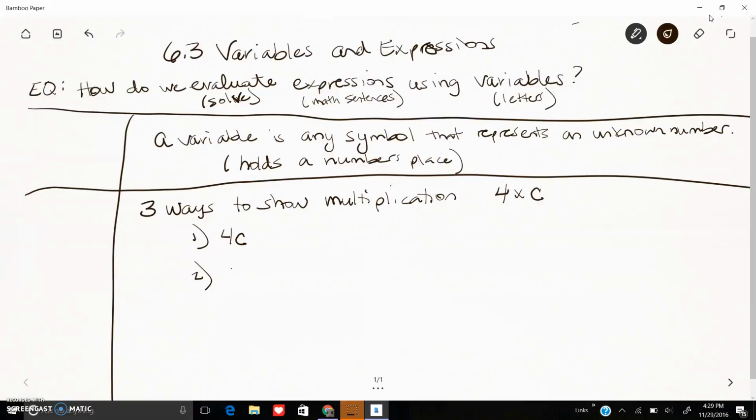You will also see it as 4 times c with parentheses around the c. You'll see that more with numbers, like 4 times 2, it'd be 4 and then the 2 in parentheses. The parentheses tell you to multiply. And then you'll also see it with a dot, 4 dot c. So those are 3 ways besides the normal way to show multiplication.